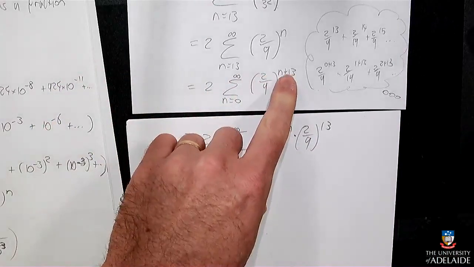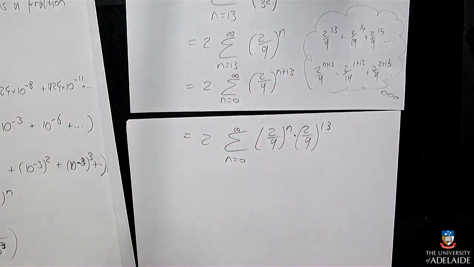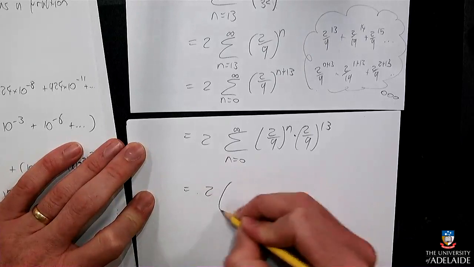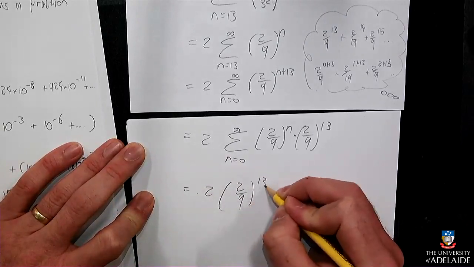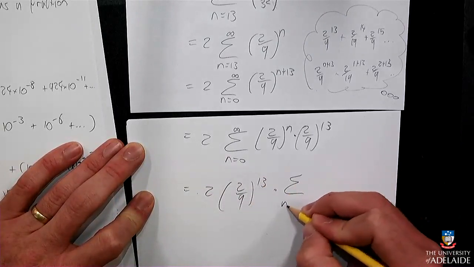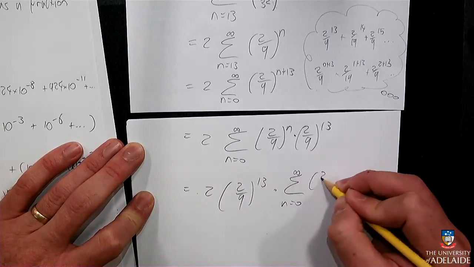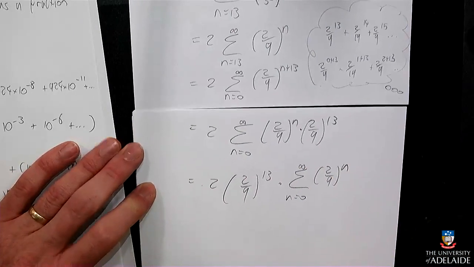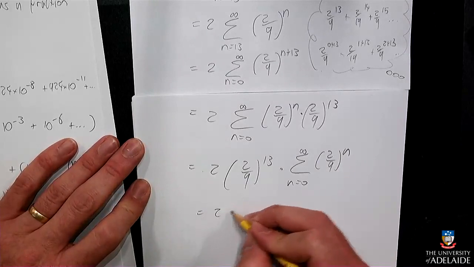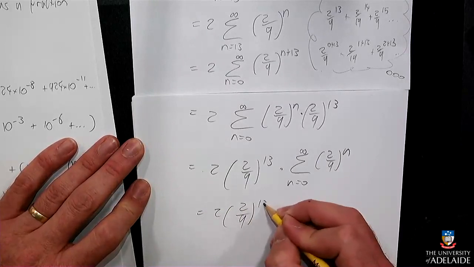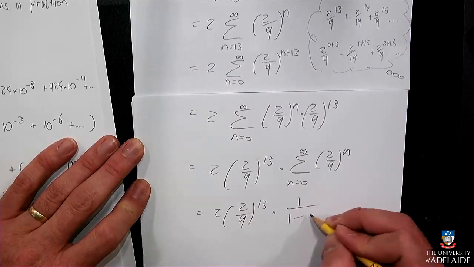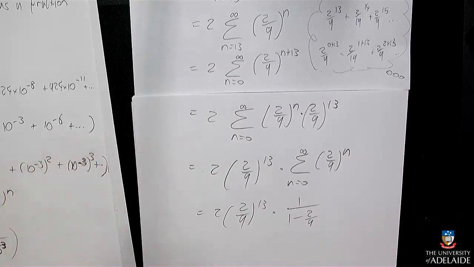Well, power addition up in the power is multiplication down here. And so now I have 2 times 2 over 9 to the 13 times the sum of n equals 0 to infinity of 2 over 9 to the n. And now that is a 0, and so I can use the sum, the story. And that's how you do an infinite sum starting at 0 of thing to the power of n.